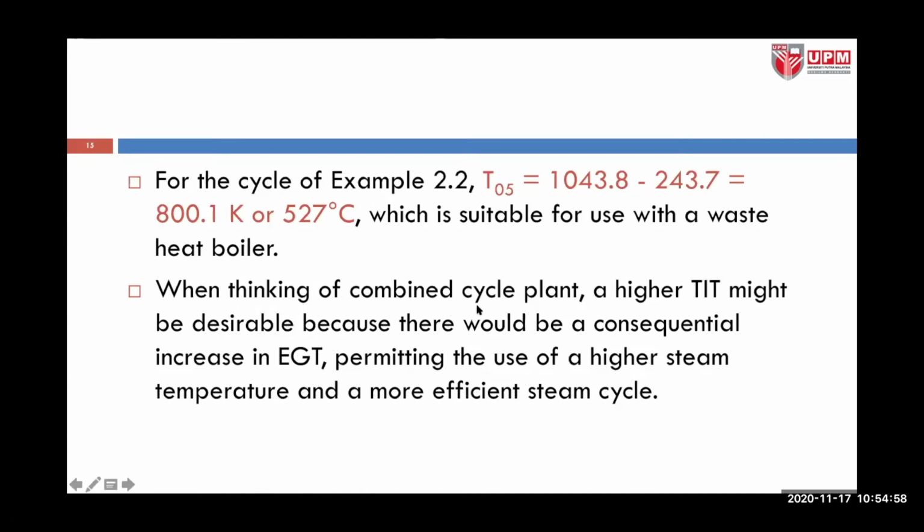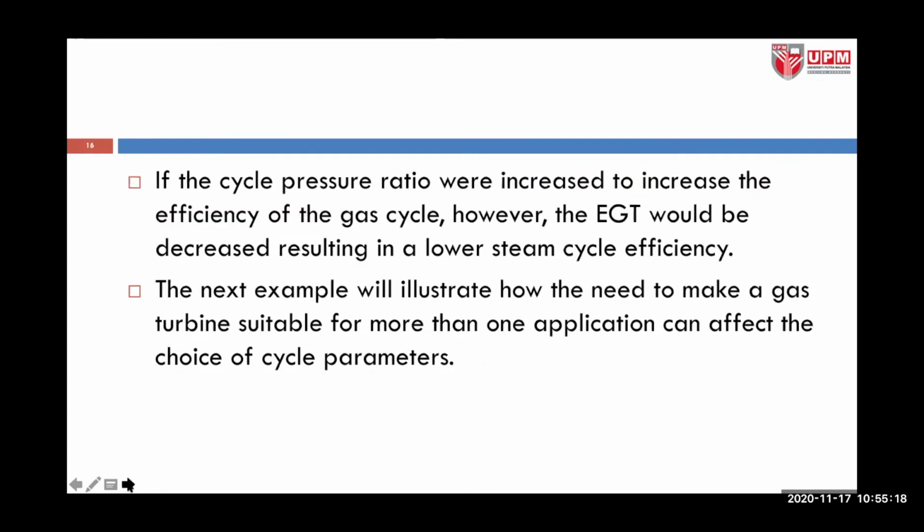When thinking of a combined cycle plant, a higher turbine inlet temperature might be desirable because there would be a consequential increase in the exhaust gas temperature, or TO5, permitting the use of a higher steam temperature and a more efficient steam cycle. So if the cycle pressure ratio were increased to increase the efficiency of the gas cycle, however, the exhaust gas temperature would be decreased, resulting in a lower steam cycle efficiency.